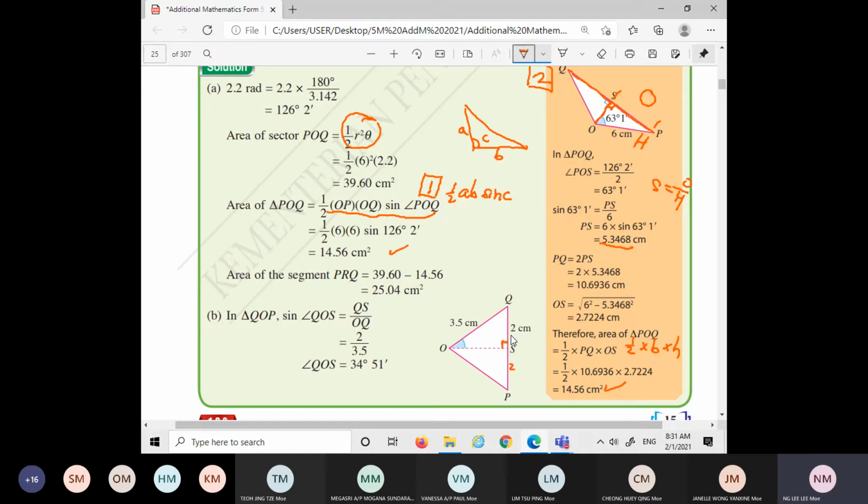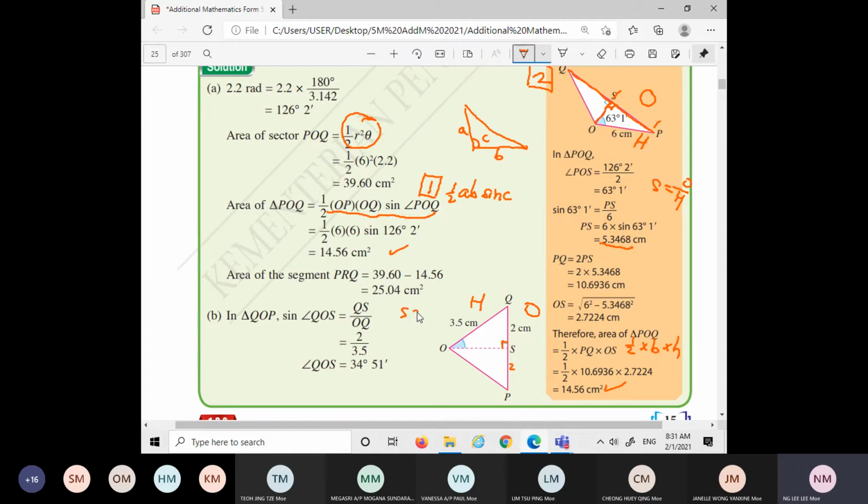So 3.5 is the radius of the circle, 3.5 here, and here is 2. Therefore you can find this angle by using your trigo. Sine of this angle is equal to opposite over hypotenuse, so 2 over 3.5.